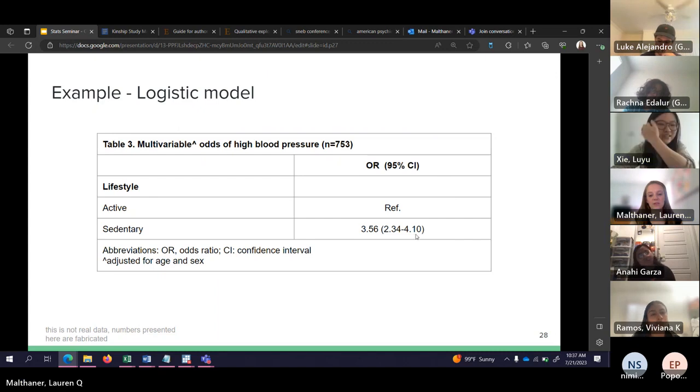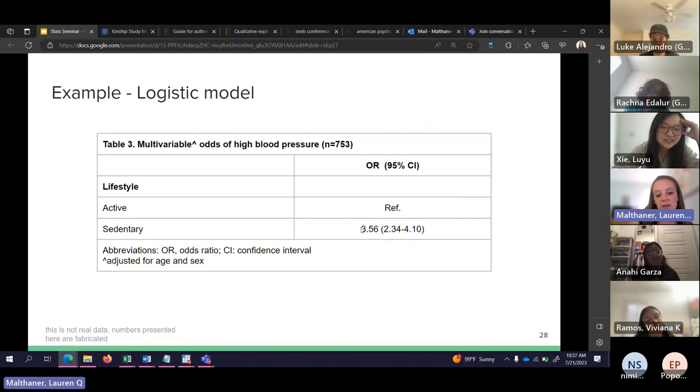Say your odds ratio is still 3.6, but your confidence interval was 0.8 to 4.10. There's still a large enough chance that the true value is below 1, so there's more variability in there, and we're not confident enough to say that's significant.